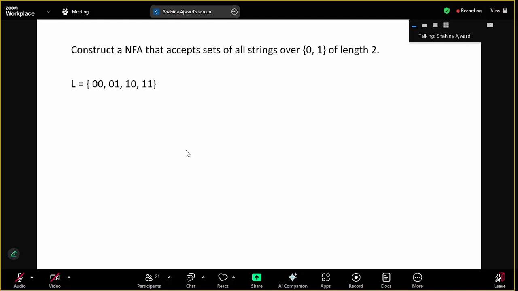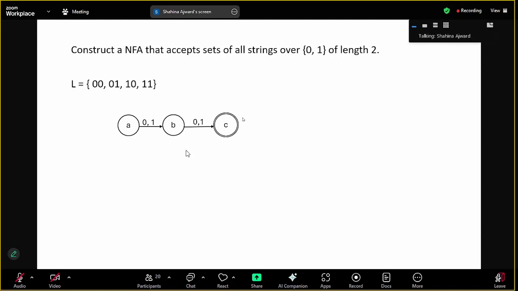Now, in this question, our strings have a length of 2. So that means the state machine should have 3 states. It's very simple. We can have only these four strings.